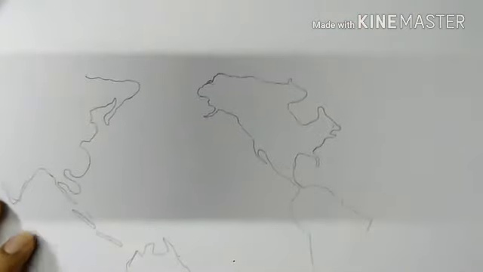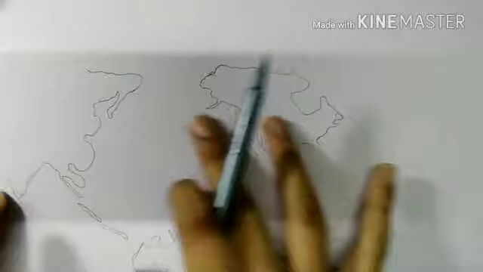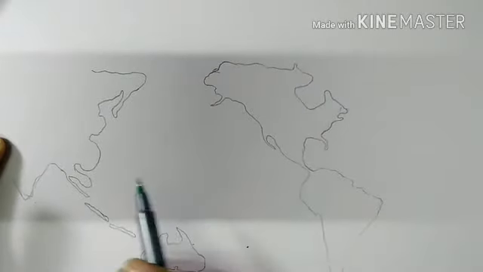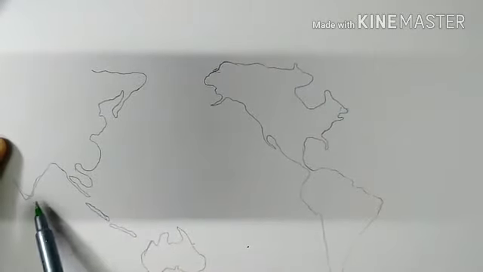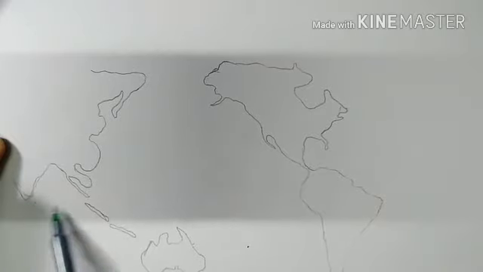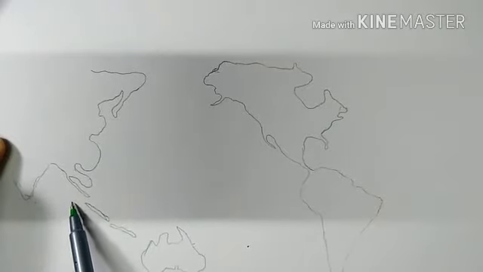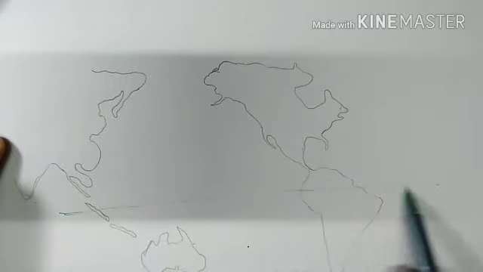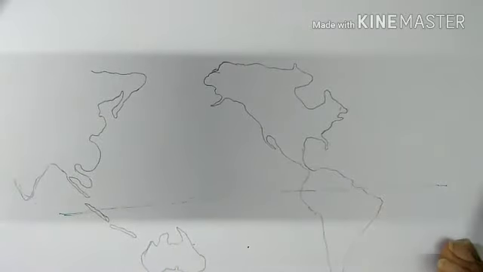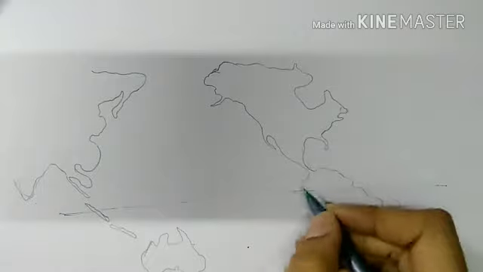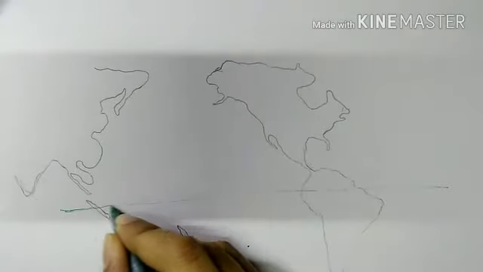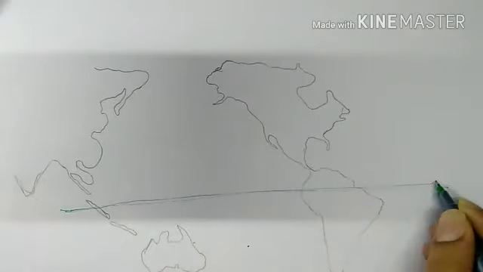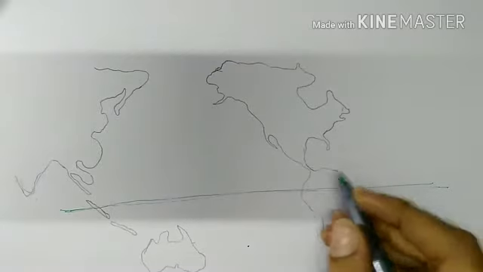Now let's consider this is the Pacific Ocean, and here we have the equator. So this is our equator. Now starting from the northern side of the Pacific Ocean, the North Pacific, we will have the North Equatorial Current.